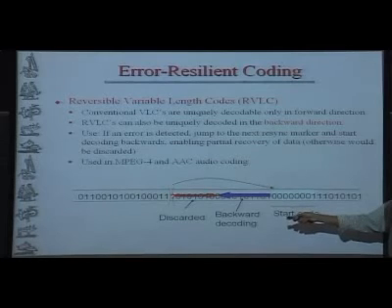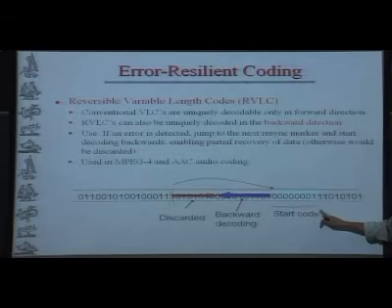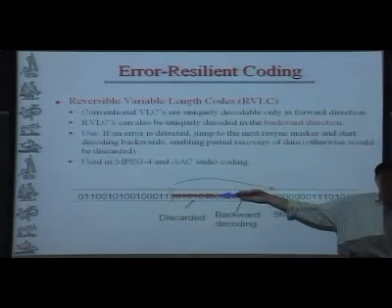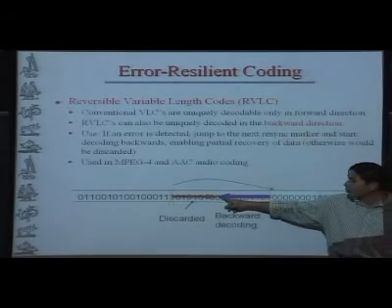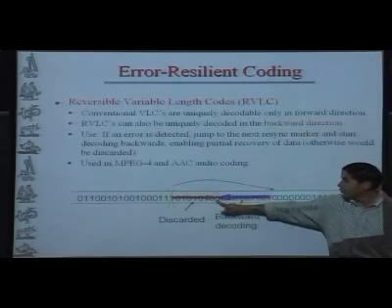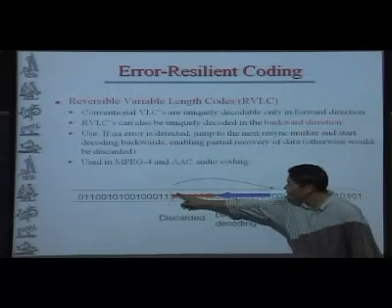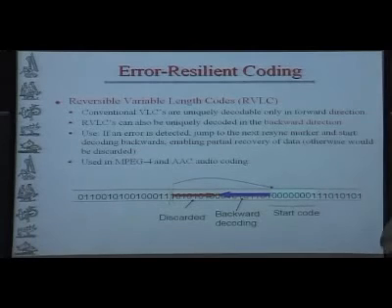You run into a problem right here, so you look for the next synchronization marker. You know that's the end of the slice or whatever, and then you work yourself backward all the way, and maybe up here you're still okay up to this point. So then you only lose the one in red, and you can still recover the one in blue.